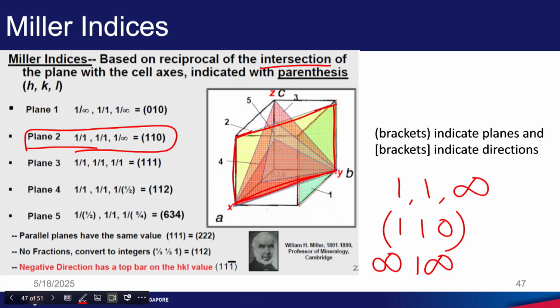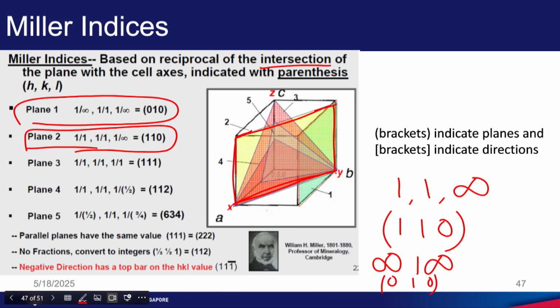So, infinity, 1, infinity. The reciprocal will be something like this. So, plane 1 is 0, 1, 0. So, this is how we derive the Miller indices.